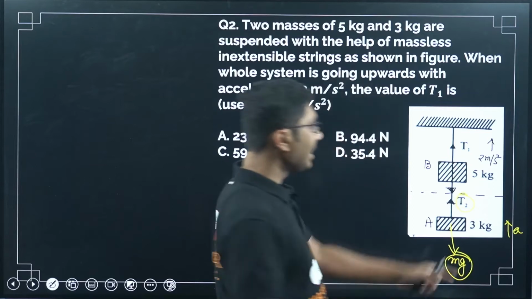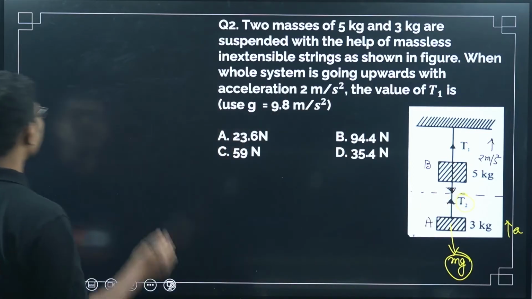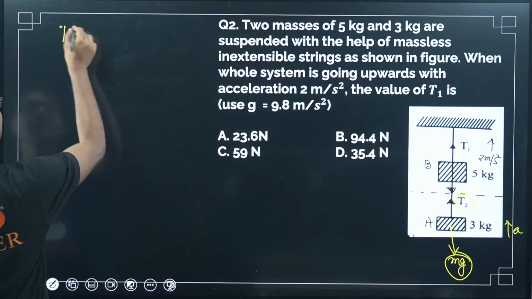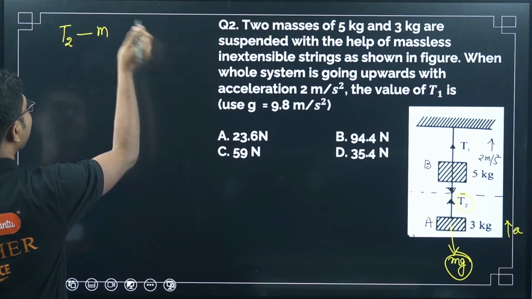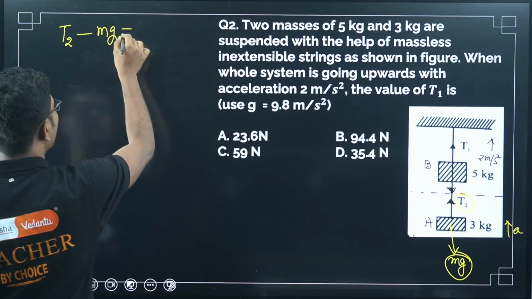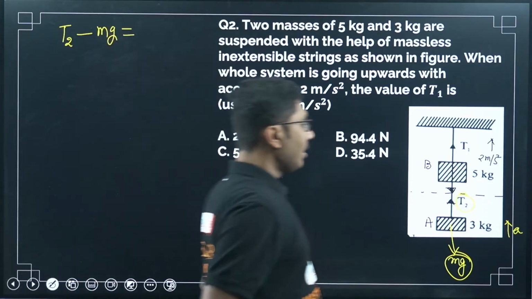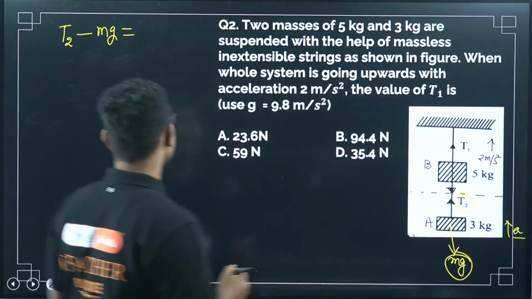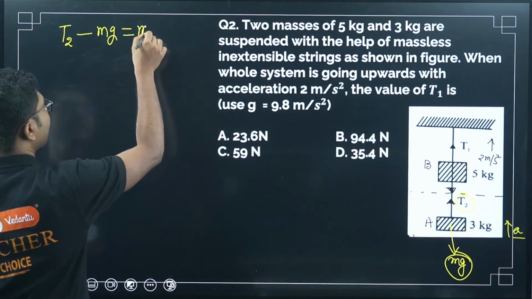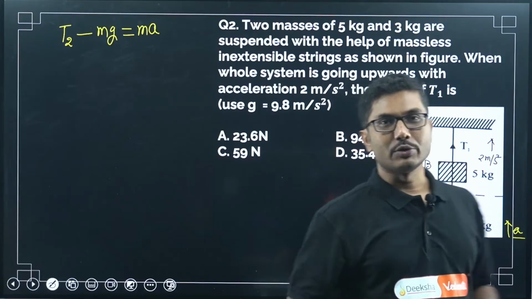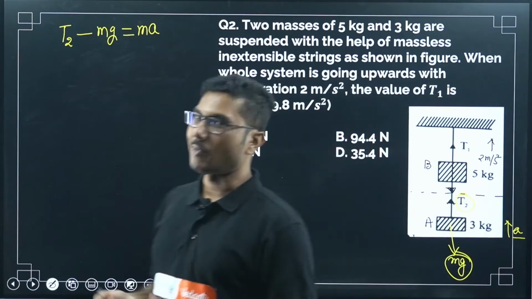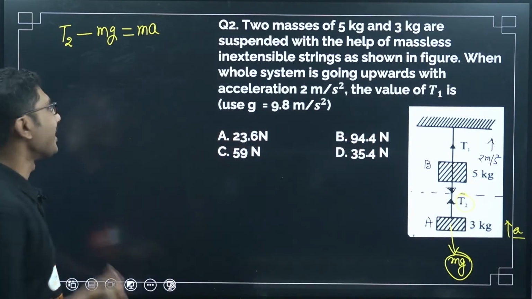So we have to subtract Garib from Amir: Amir minus Garib equals mass times acceleration, ma. Amir minus Garib equals ma, right?